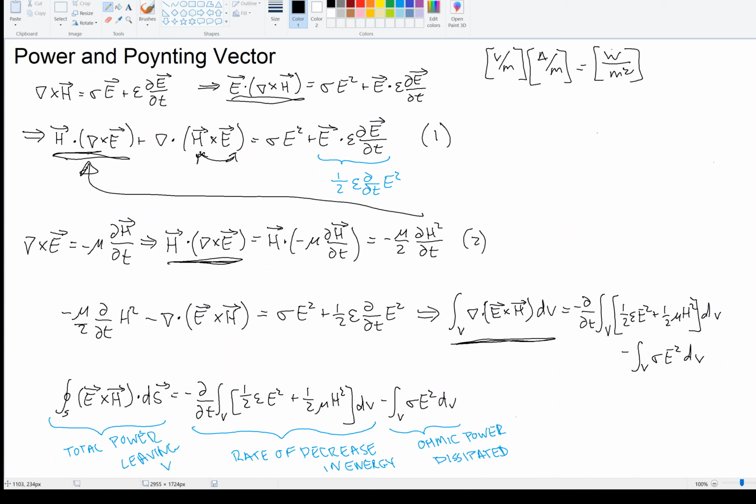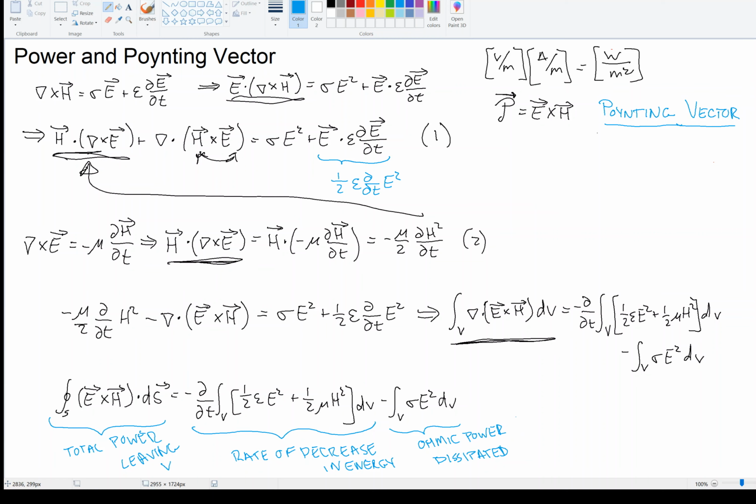Now this E cross H turns out to be pretty important, and we give it a symbol in our class, kind of a weird script P, and it's a vector, of course. E cross H. And it's got a really cool name. I have to be honest, I love the name. A scientist named Poynting, P-O-Y-N-T-I-N-G. This is called the Poynting vector. By itself, that's not that cool.